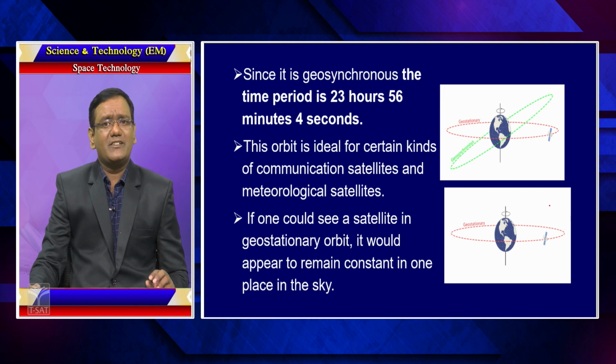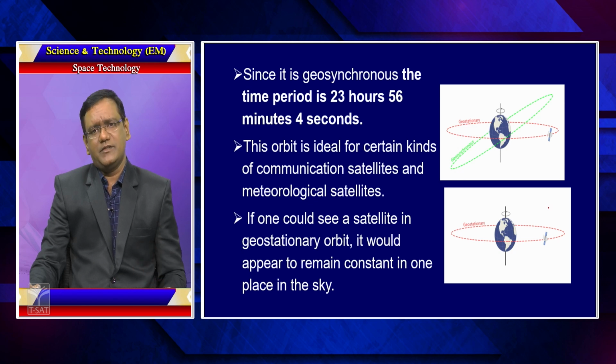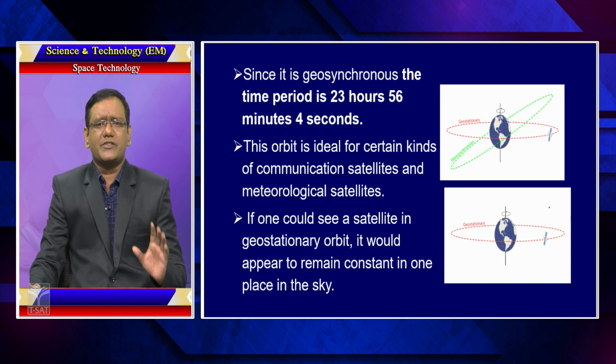For this sort of function, it should appear constant from the Earth. If one could see this satellite in the geostationary orbit, it would appear to remain in one place in the sky. Whatever the time you look at that satellite, it would remain constant.